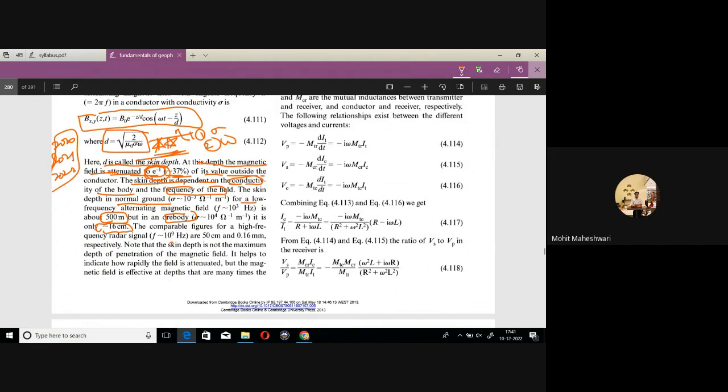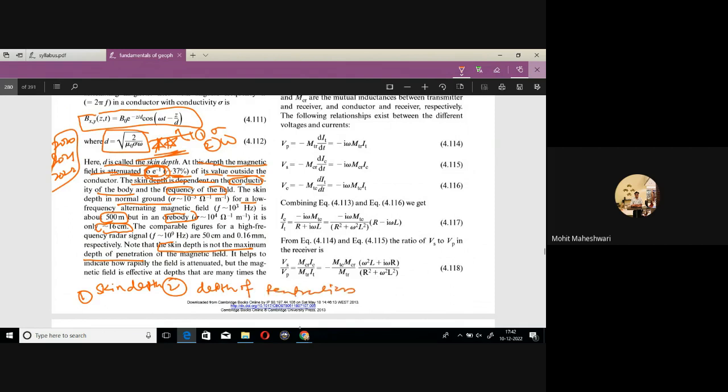The important thing is that the skin depth is not the maximum depth of penetration. There are two concepts that must be remembered, as far as the mains exam or the interview is considered. One thing is the skin depth, and the other concept is the depth of penetration. Both are different concepts.